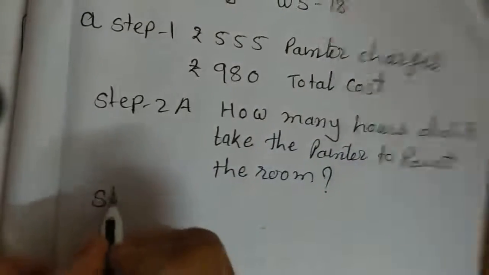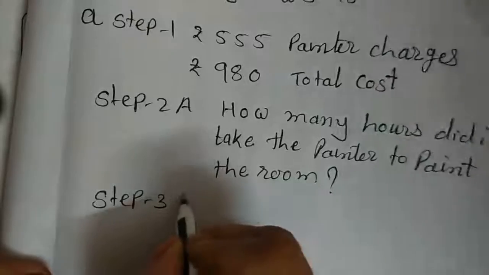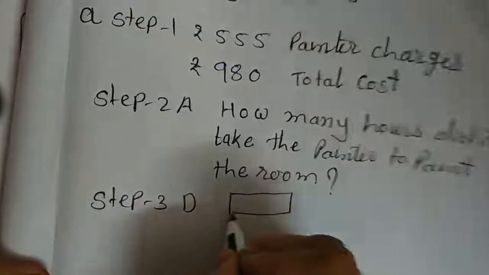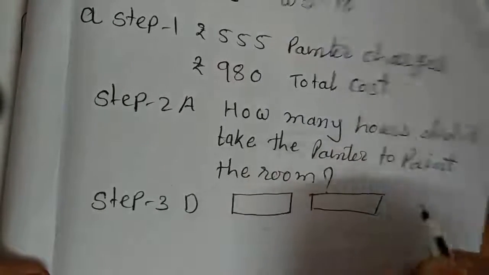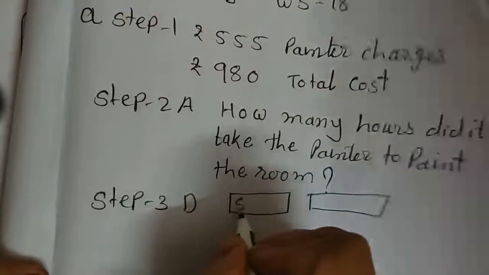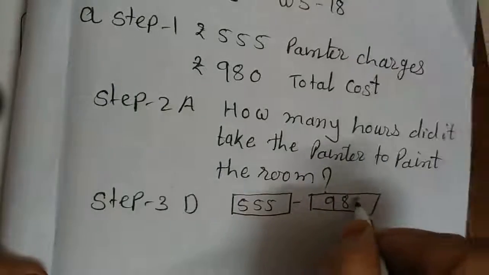Step number 3, draw for understand. Here we have to draw 2 boxes. In that we have to write 980 and 555.